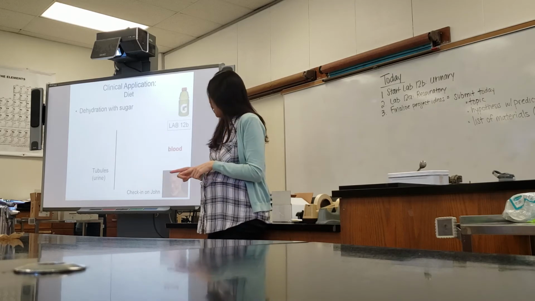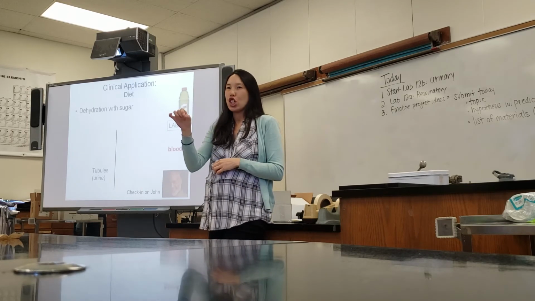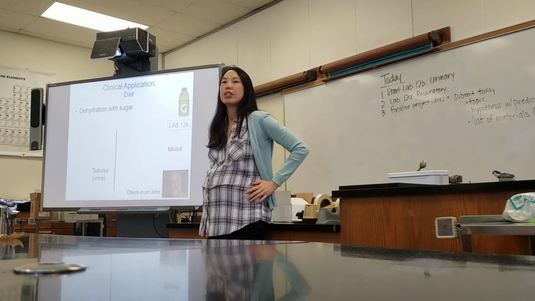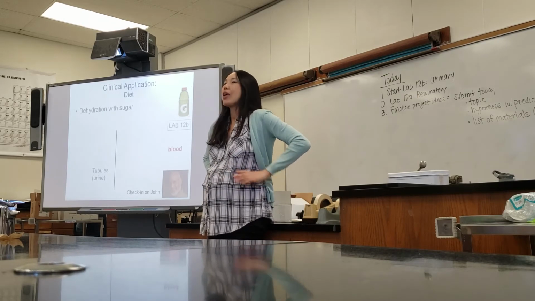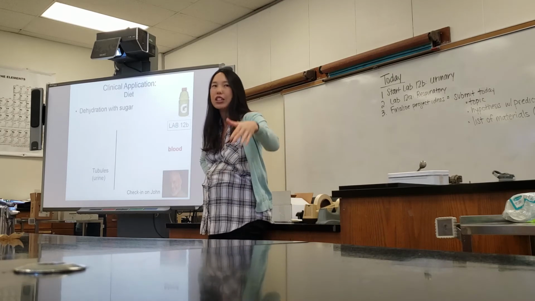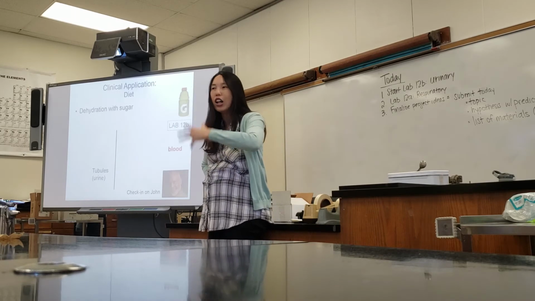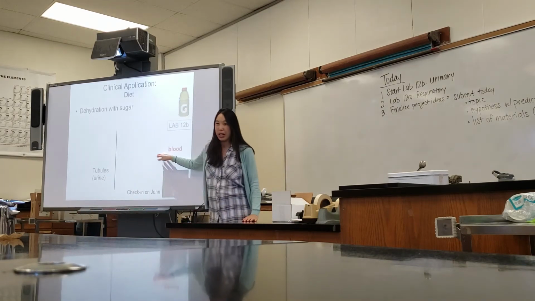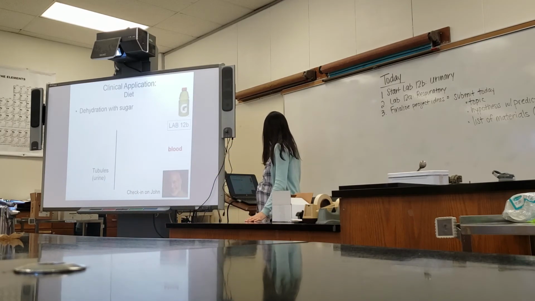And here's why. What's the problem with sugar with someone with diabetes? Where's the sugar ending up? In the blood, right? We said you have a problem with maybe insulin resistance. You can't bring the sugar into the cell, so the sugar stays in the blood. So let's look at someone with high sugar content in the blood.